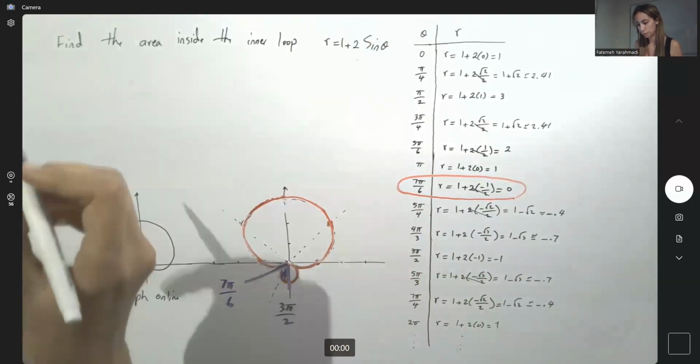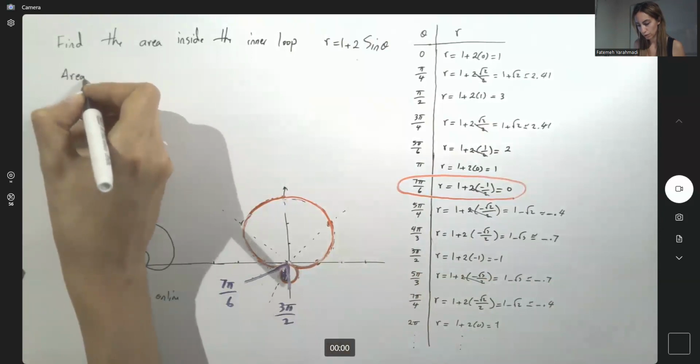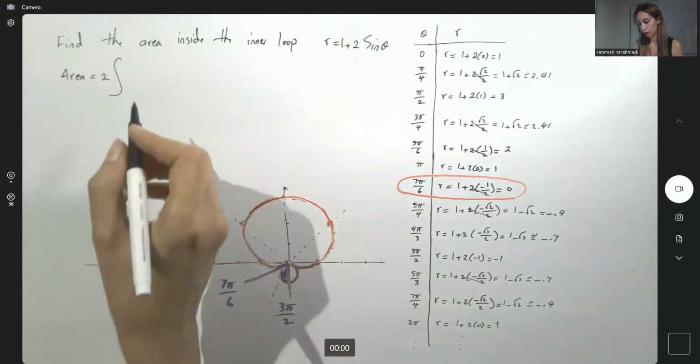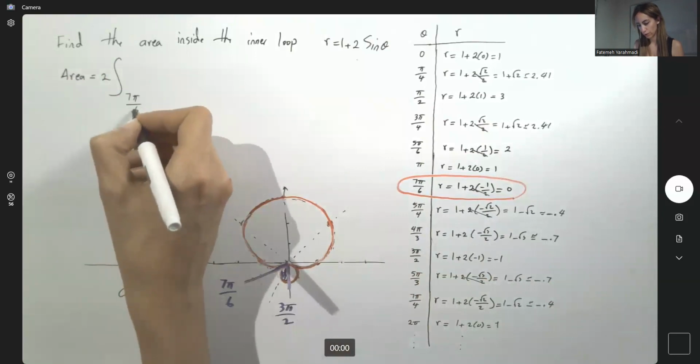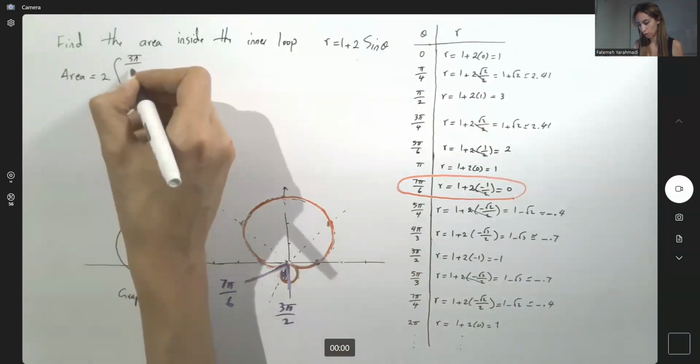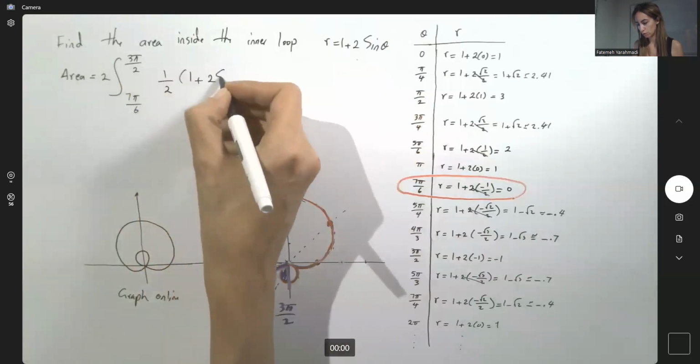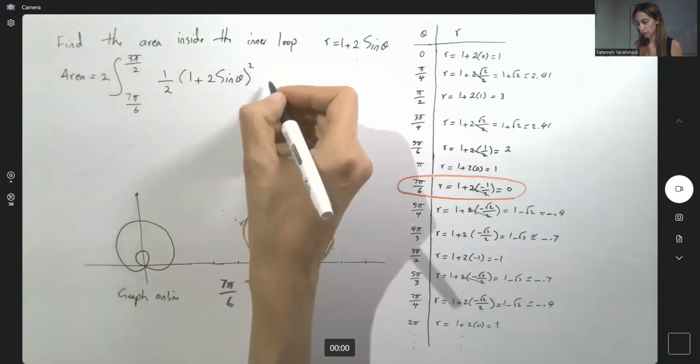So your area is equal to 2 times the integral from 7 pi over 6 to 3 pi over 2 of one half r squared, which is 1 plus 2 sine theta squared, d theta.